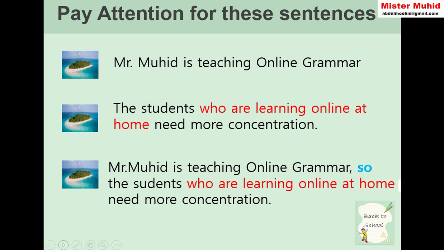And now number 3: Mr. Muhit is teaching online grammar, so the students who are learning at home need more concentration. So in this case, the first sentence is Mr. Muhit is teaching online grammar. The second sentence is the students who are learning online at home need more concentration. So there is a connector. It means in this case it consists of two sentences.